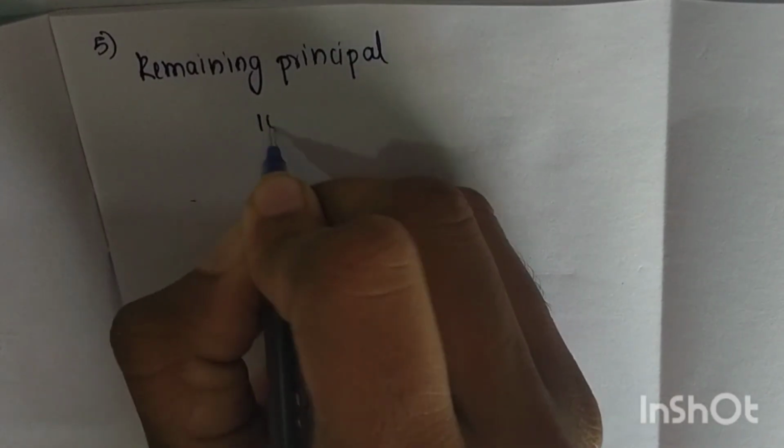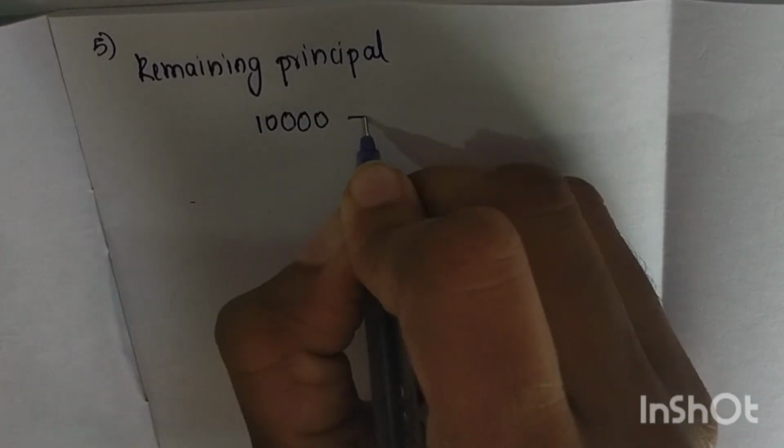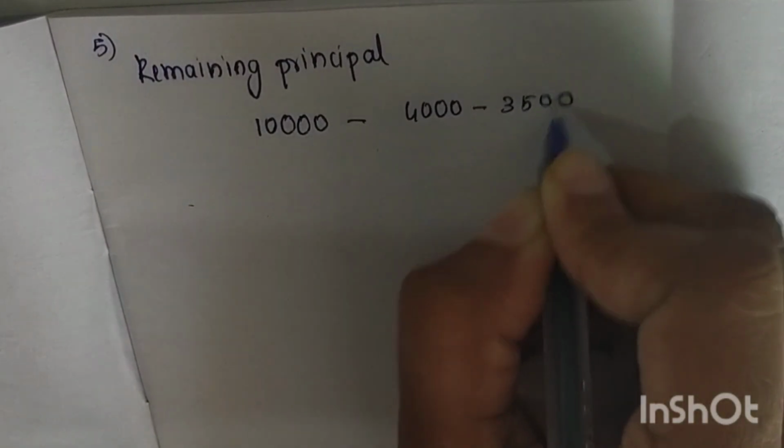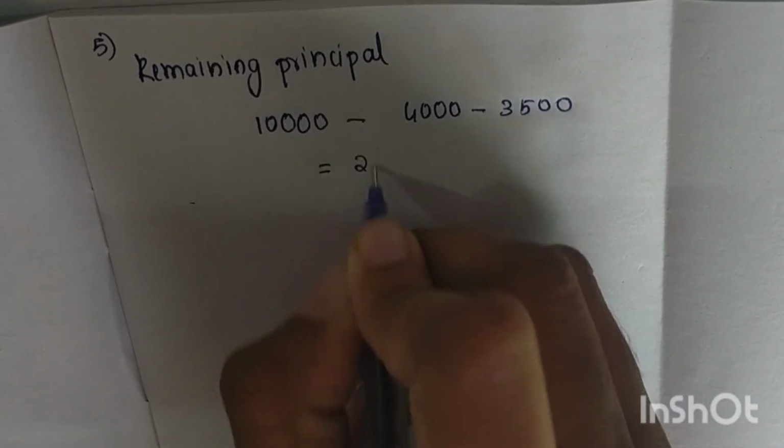Each part is invested separately, so we must find the remaining principal. Remaining principal is equal to 10,000 minus 4,000 minus 3,500, which is 2,500.